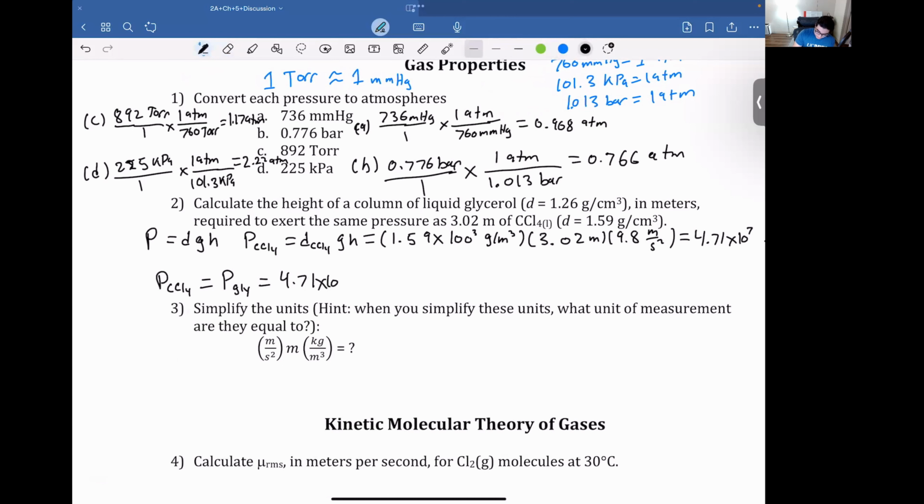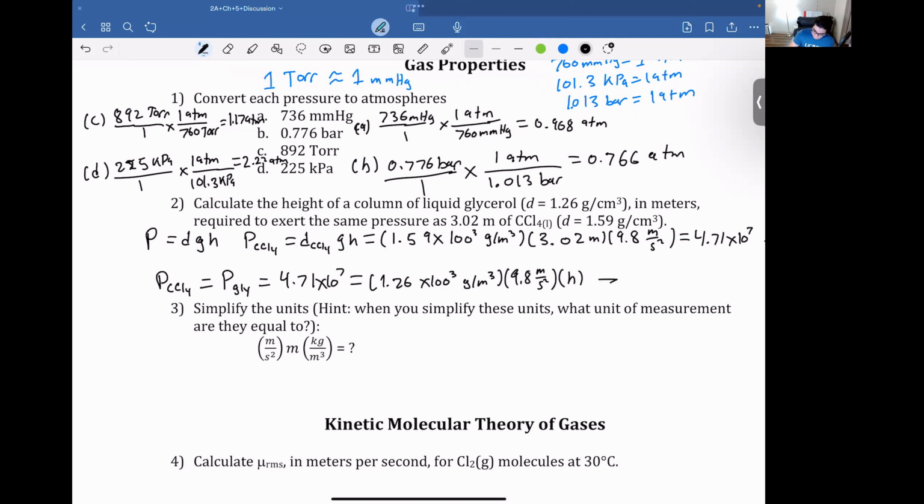So we're plugging this into the formula for glycerol because we know the pressure of glycerol due to the glycerol column is going to be equal to the density times gravity times the height, which is what we're solving for.